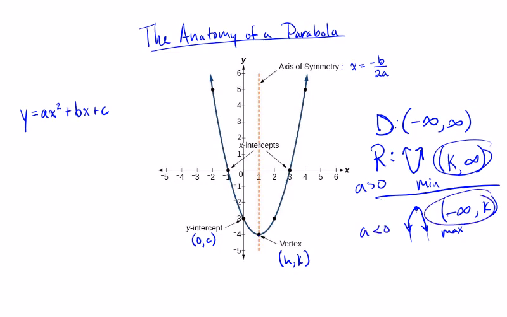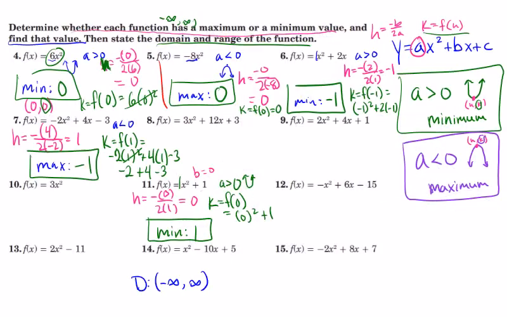All right, so going back to here, and I kind of ran out of room here, but let's pick one or two of these. So here the domain we know is going to be negative infinity to infinity, right? That's pretty straightforward. The range, since we have a min and this is facing up, we're going to go from -1 to infinity, right?